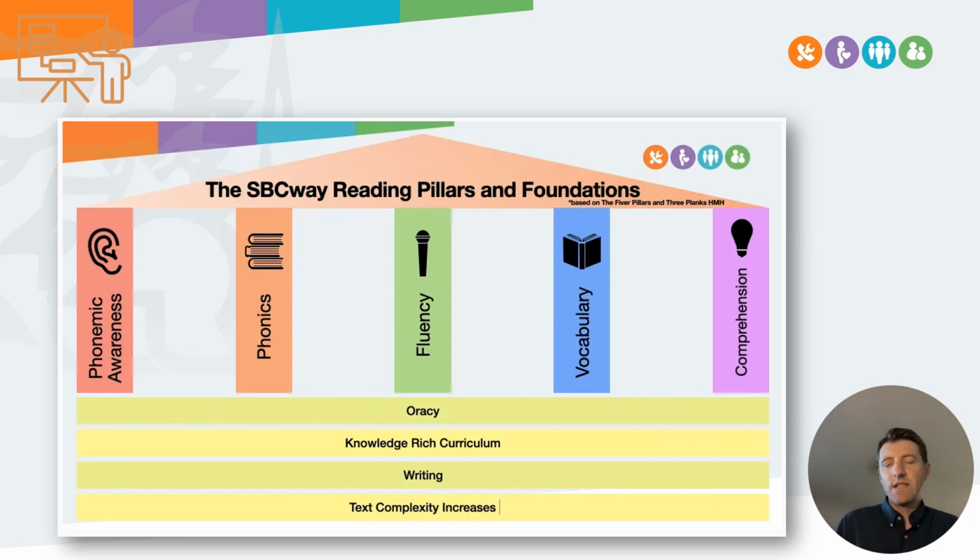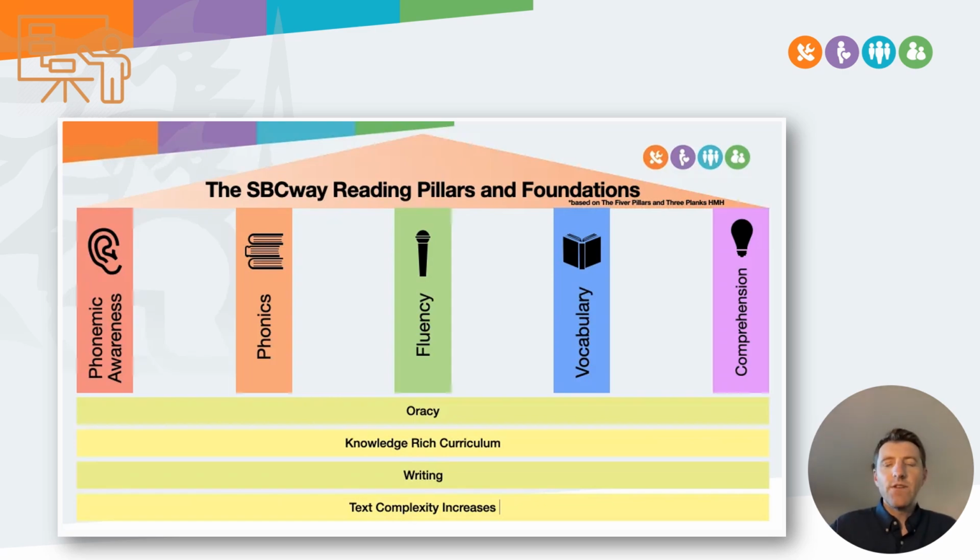And you can see that fluency is just one of those that sit on oracy, writing, and on the importance of having a knowledge-rich curriculum, knowledge as in awareness of the world, rich understanding and experiences, not facts and figures. And recognizing that text complexity is a really important part of improving reading outcomes. So fluency is one of 5 things, and we're going to mention all of these 5 today when looking specifically at fluency.